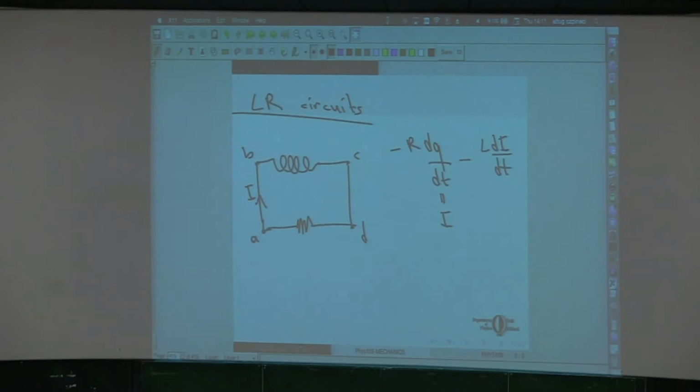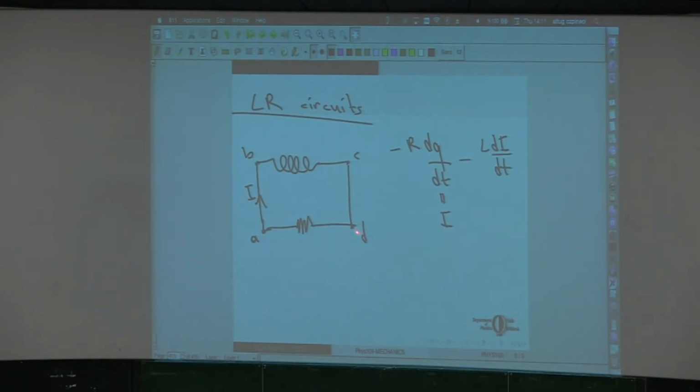It is trying to increase the current. That's why if di by dt is negative, my inductor will try to increase my current. So it will be pushing my point charge in this direction. This is negative, so this contribution should be positive. So I should put a minus sign over there.